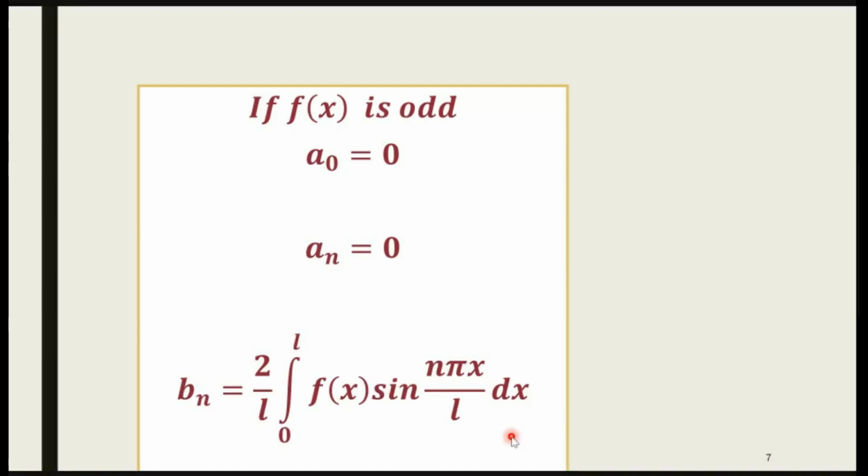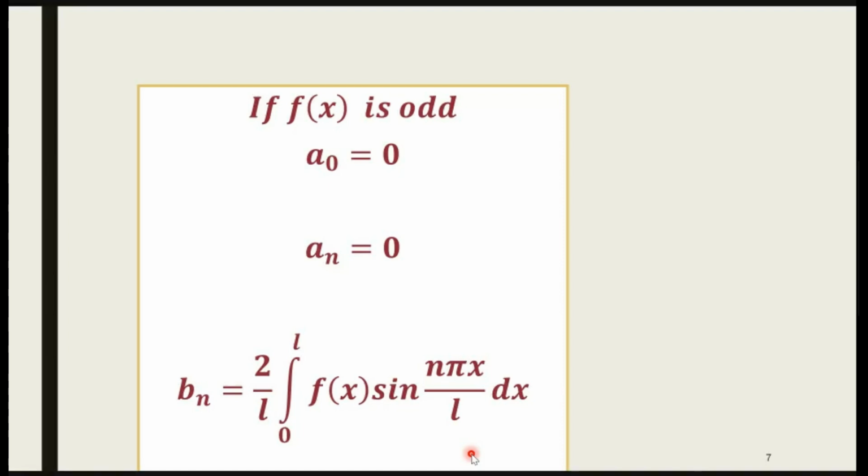Concept remains the same, only there is a change in the limits and the outside function. We have 1 upon L since the length of the interval is 2L. And here we get extra term as n, that is, there we had only nx, here we have n pi x by L. This pi by L term is extra in the L intervals.